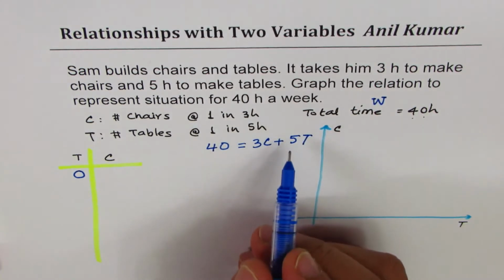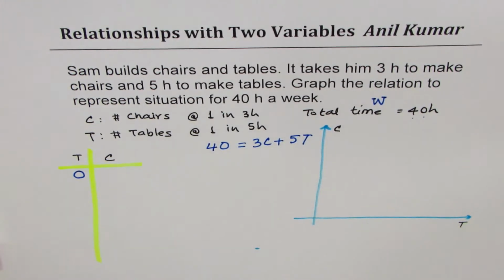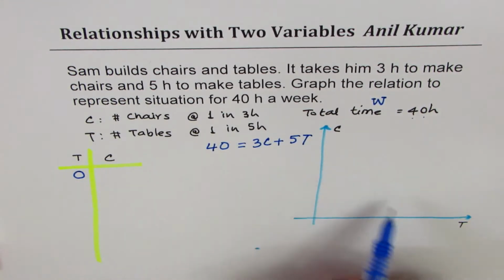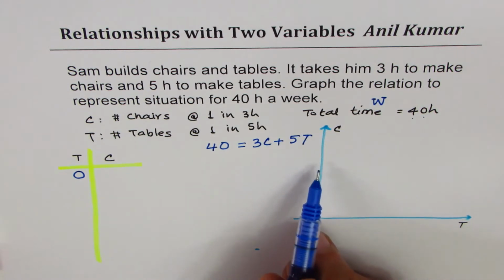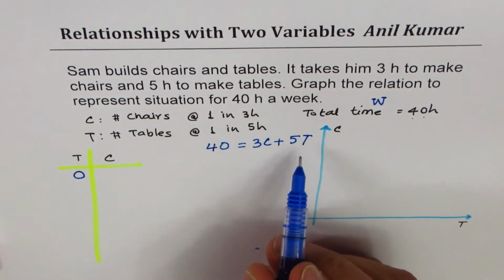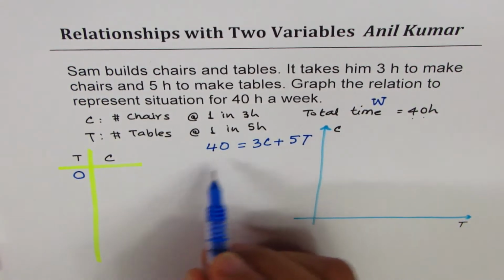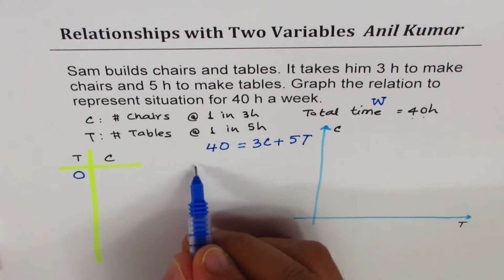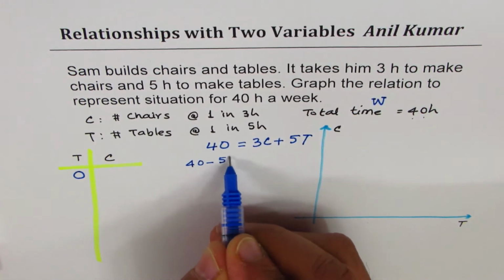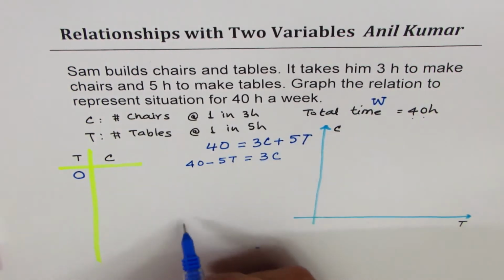So what I will do here, first step, I will rearrange my equation. Okay, I'm still not changing my independent and dependent variable. I'll go with this. Okay, we'll use a calculator, right? So let me isolate the number of chairs. So we can write here that 40 minus 5t is equal to 3 chairs.